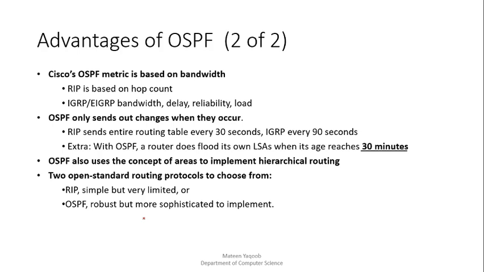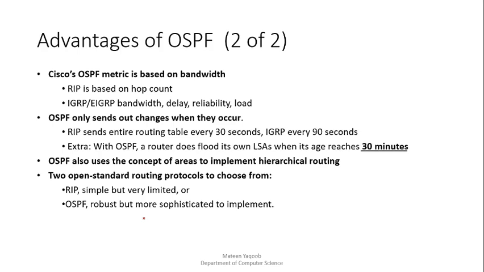So OSPF sends out the changes in the network whenever they occur, whereas RIP sends the routing table after every 30 seconds, IGRP sends after 90 seconds, and OSPF only sends triggered updates when a change comes. So the number of packets won't be higher as compared to the RIP and IGRP protocols.